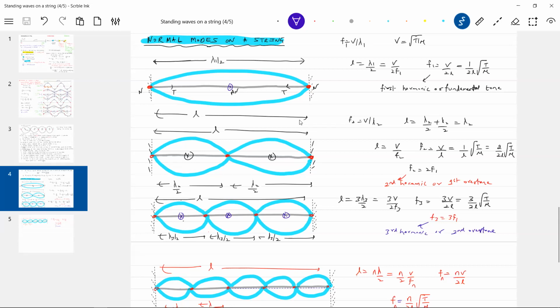That's why they are called normal modes on a string. Or further we'll call these resonant frequencies. At this particular point only, the wire will accept the maximum energy.